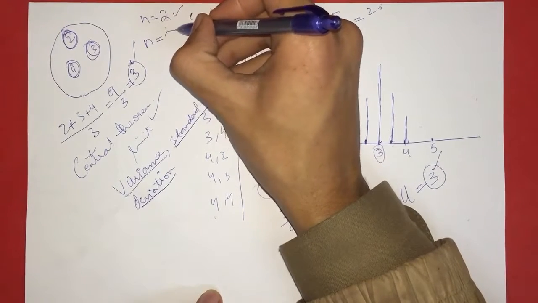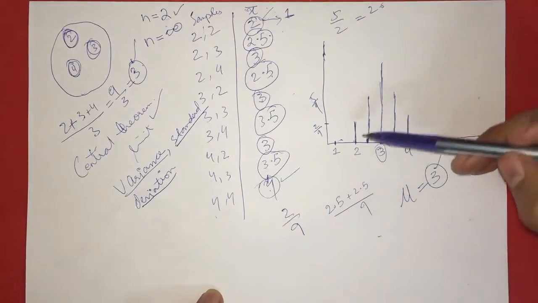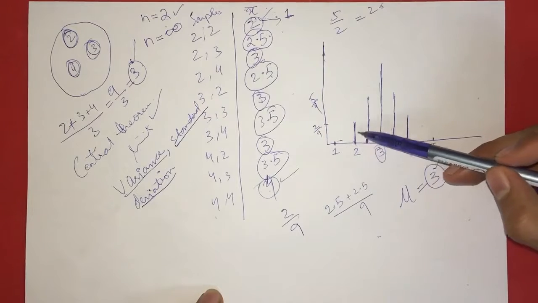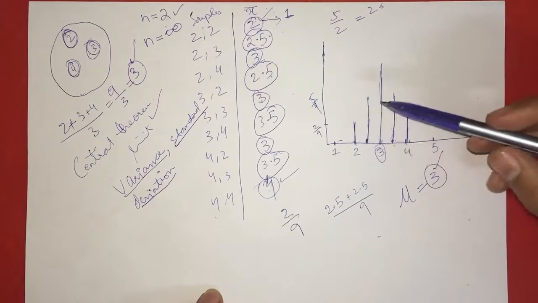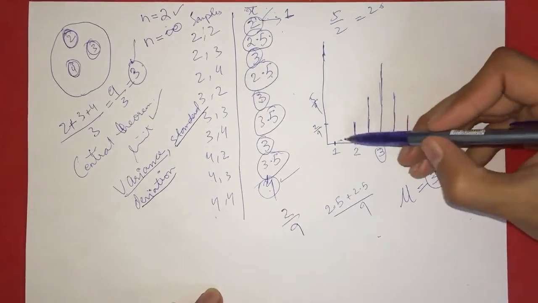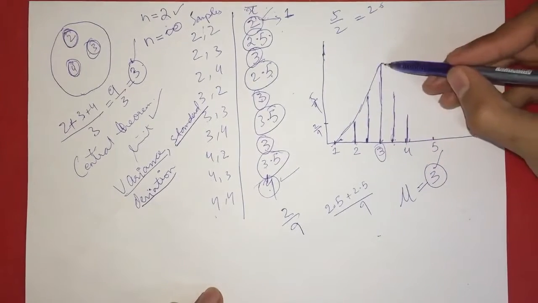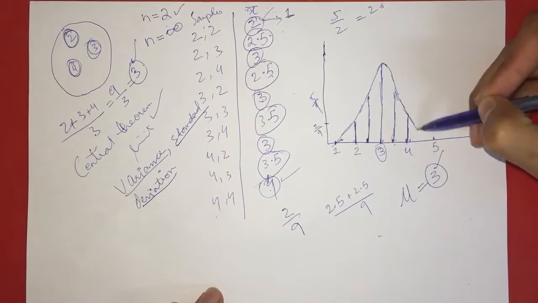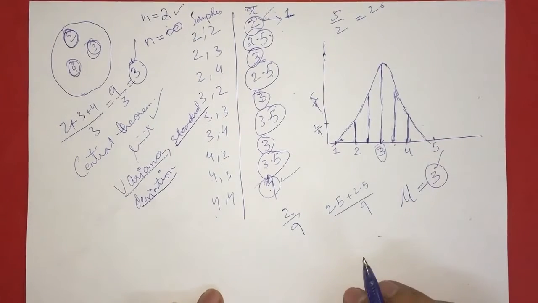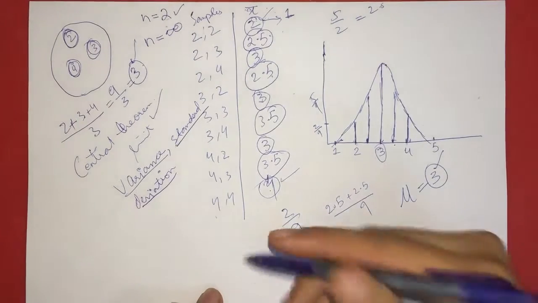Also, one important thing: as your sample size increases, as n approaches infinity, you're actually going to get a more normal distribution. For example, this distribution is pretty normal because it's going like this, but you have some distribution graphs which are not normal and which are pretty messy.